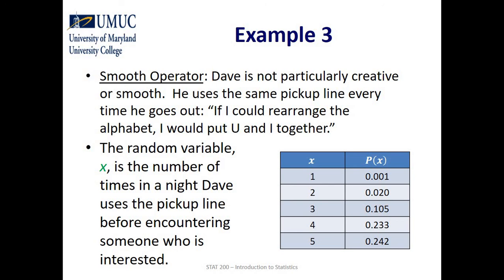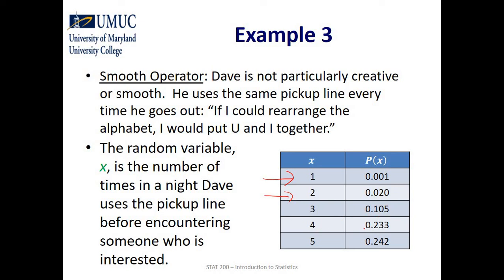So the first person he asks, the probability of having them give a nice response, or a non-turning away and leaving response, is 0.001. His second try, if the first one fails, is 0.020. His third try, if the first two fail, is 0.0105.